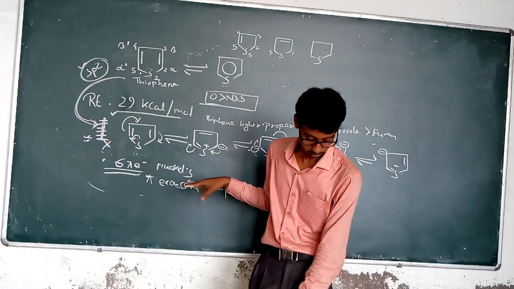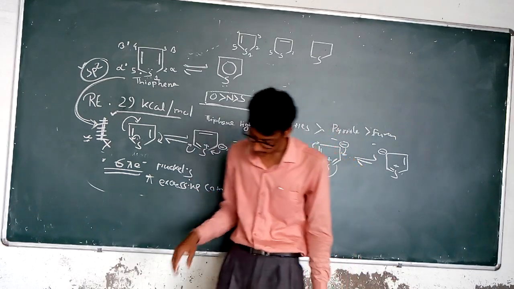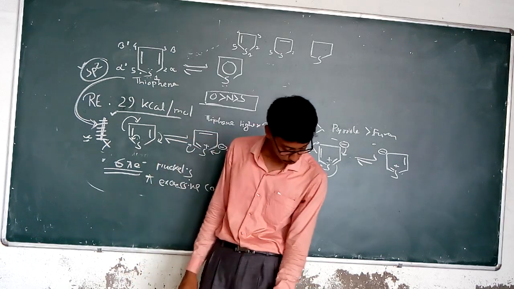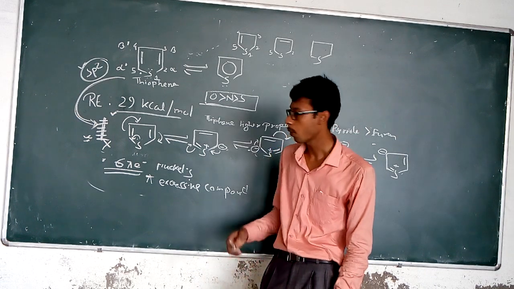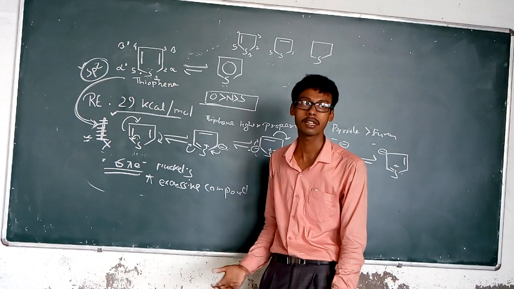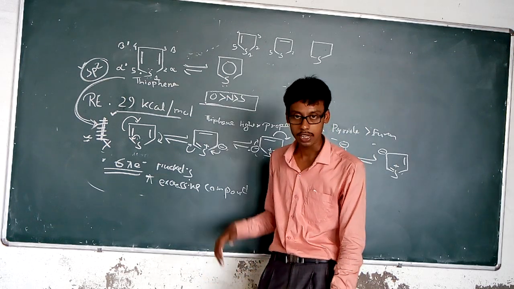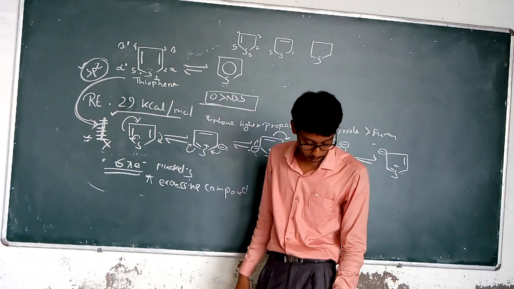Now going to other physical properties that are also important to know. Thiophene is a colorless liquid. It has a boiling point of 80 degrees Celsius. As I showed, benzene has a boiling point of 84 degrees Celsius, so this is similar to the thiophene boiling point.